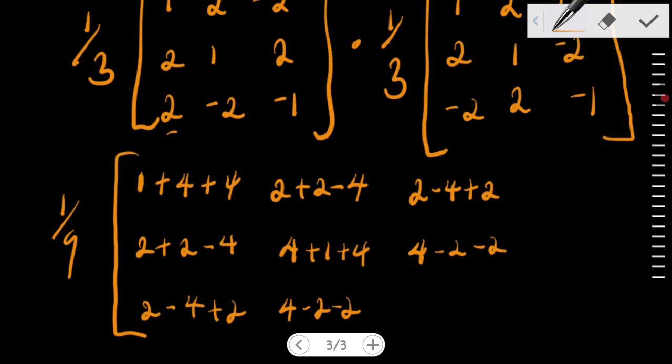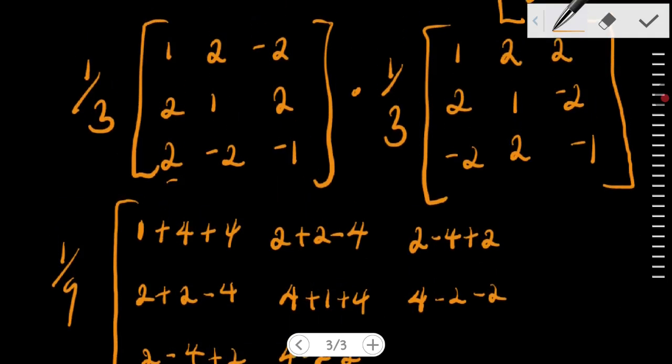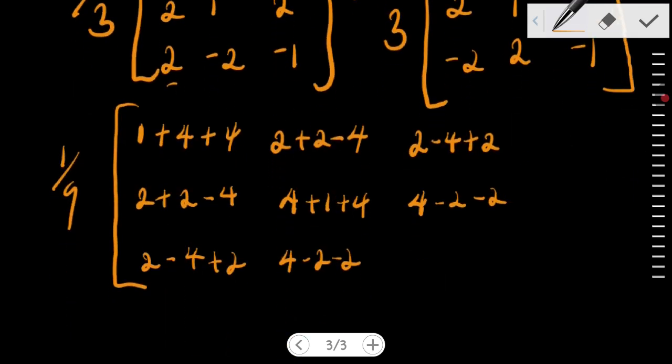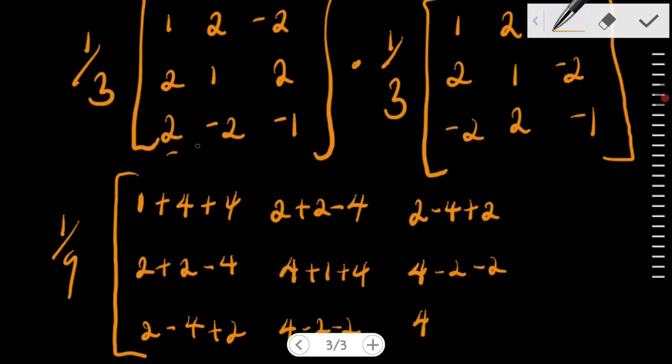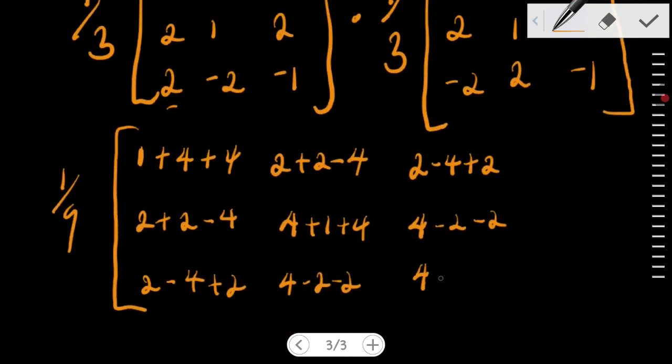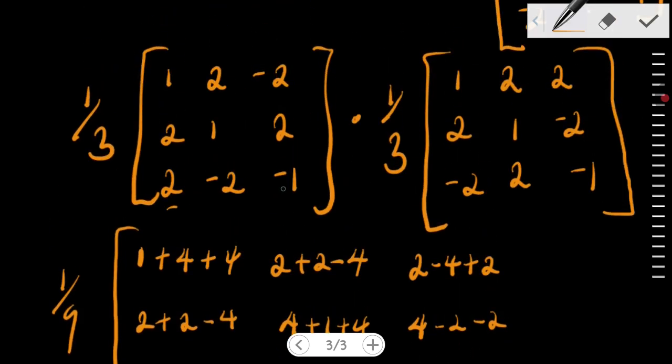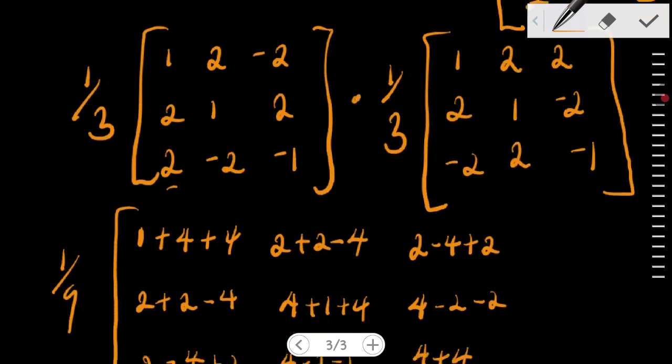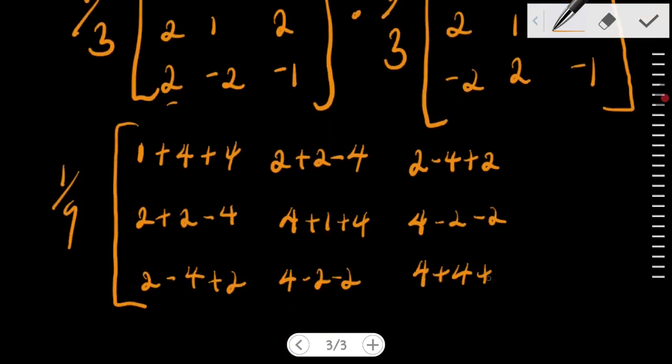Now the last column using the last row: 2 times 2 gives 4, then negative 2 times negative 2 gives positive 4, plus 4, then negative 1 times negative 1 gives plus 1.